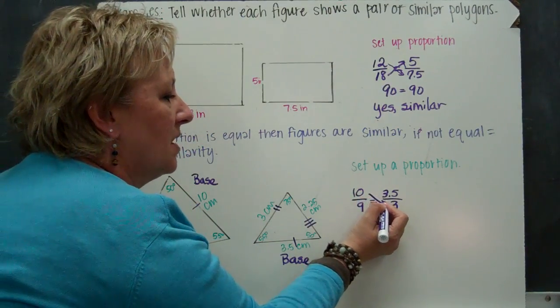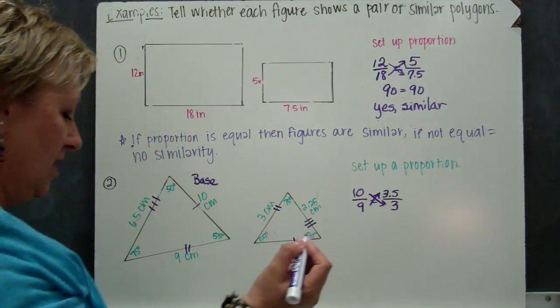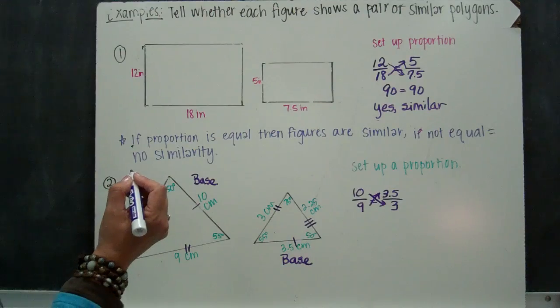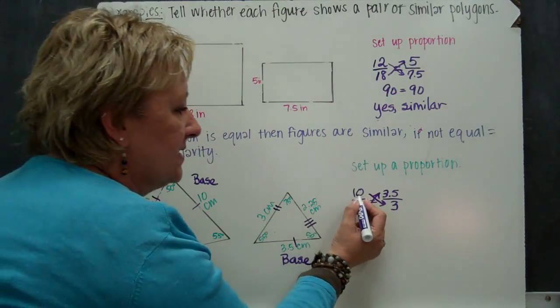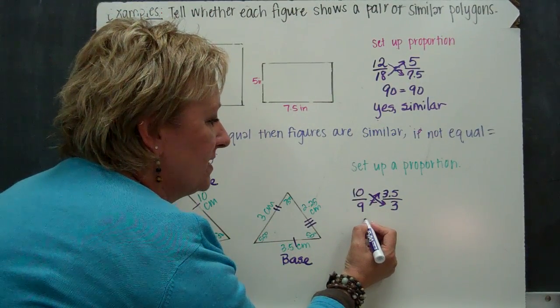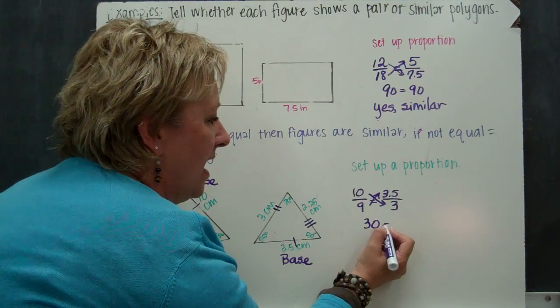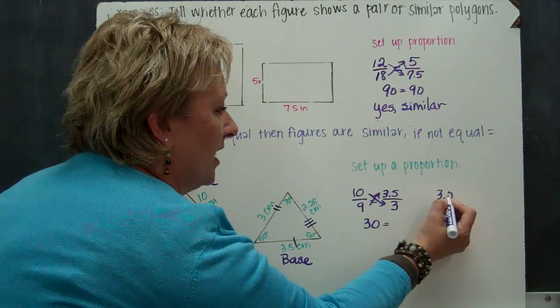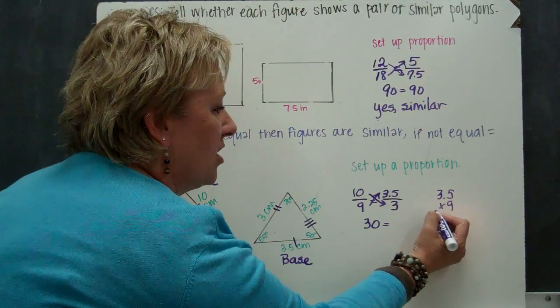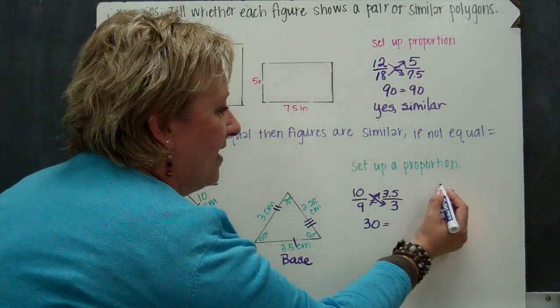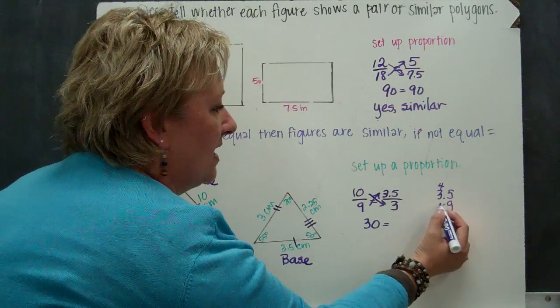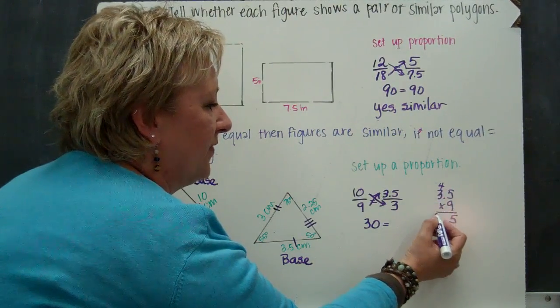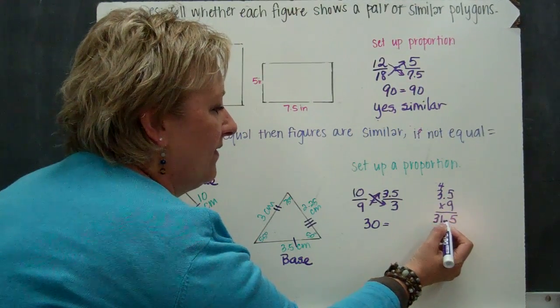I'm going to cross multiply these to see if they are equal to each other. And I know that 10 times 3 is going to give me 30. And 9 times 3.5, and I don't have a calculator, so we'll just calculate it over here. 9 times 3 is 27, plus 4.5 is going to be 31.5.